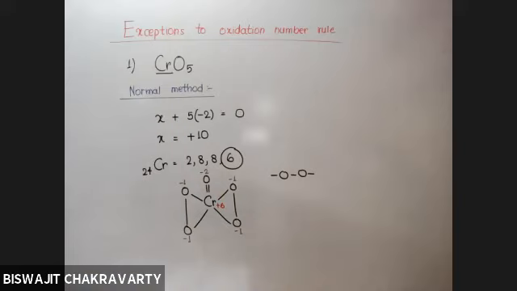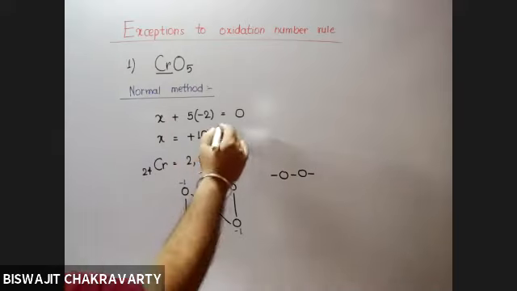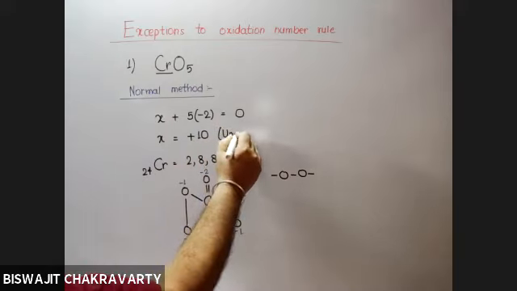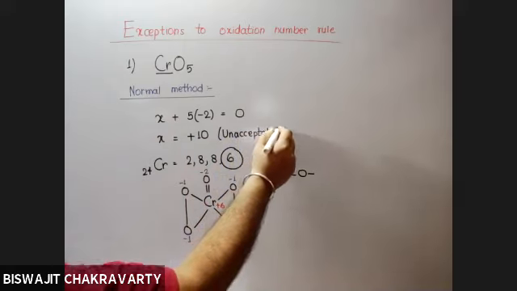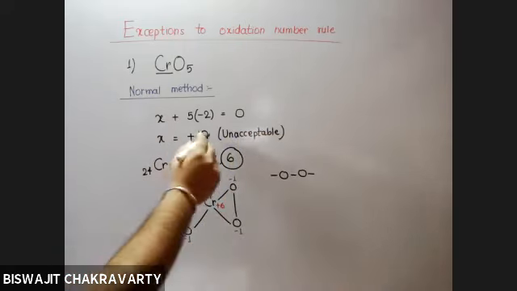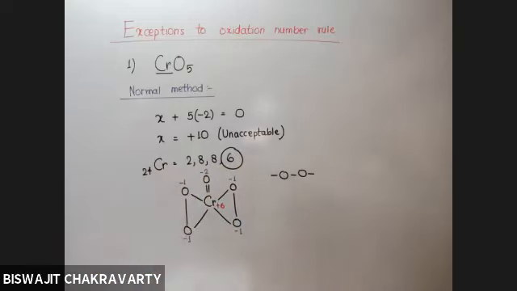Now it is acceptable, which means by normal method, we are getting some abnormal values, which is unacceptable, because chromium is not in position of showing oxidation state of +10, and we have confirmed it by looking at the electronic configuration of chromium, where we see that chromium can maximum lose 6 electrons, which means that it can show maximum oxidation state of +6.